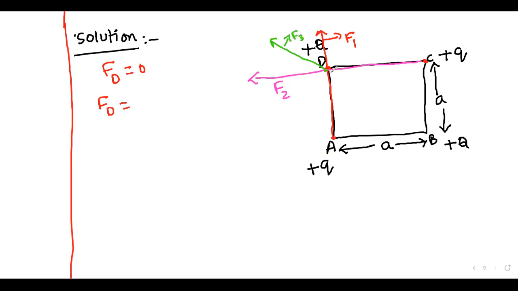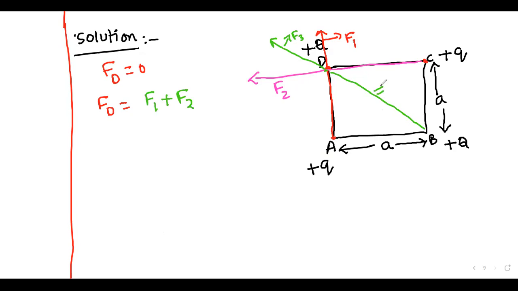That is along the direction, there is a force acting at point B due to D. So the resultant of F1 and F2 is along that direction. So I am writing it as F1 plus F2.